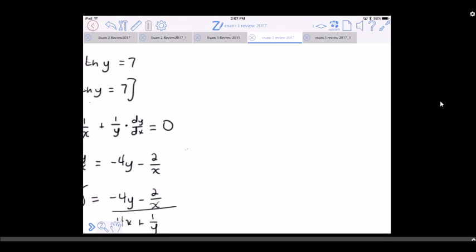So dy dx equals negative 4y minus 2 over x, all over 4x plus 1 over y.